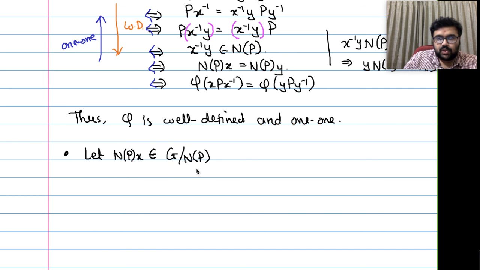So N(P)x belongs to G quotient N(P) for some x in G. This is how cosets are defined, right? So as soon as we have x, we are done.